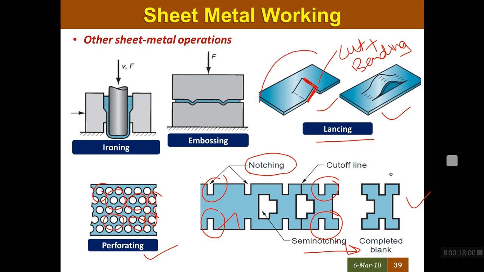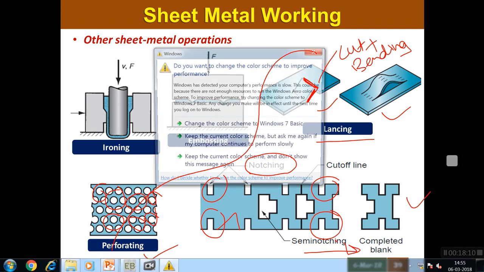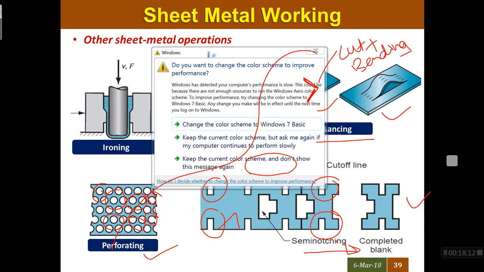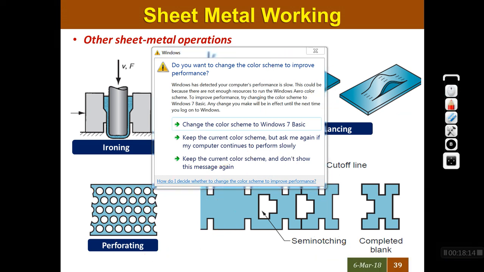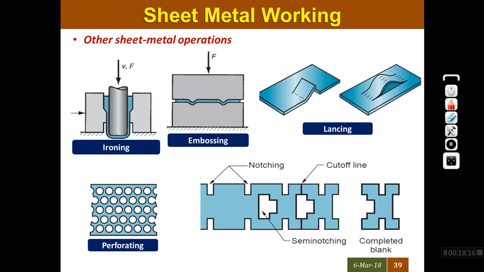Next one is the embossing operation, mentioned intentionally here as it is basically a forming operation. Embossing is nothing but embossing any shape, regular or irregular pattern, on the sheet metal. Here we have a punch and die where a desired shape is embossed on a sheet metal.